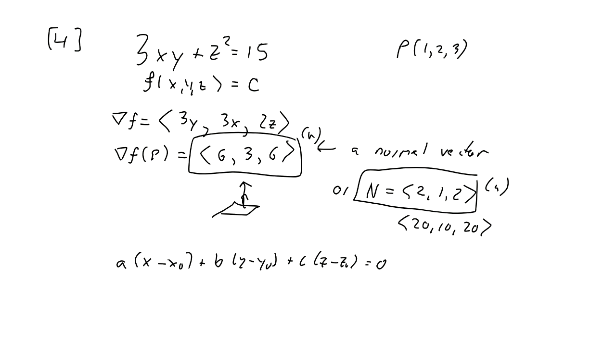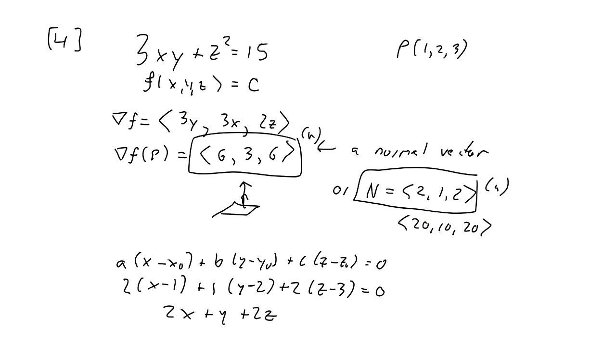So I have 2 times (x minus 1) plus 1 times (y minus 2) plus 2 times (z minus 3) equals 0. So that's 2x plus y plus 2z minus 2 minus 4 minus 6, which is minus 10. I think we get 10 out.